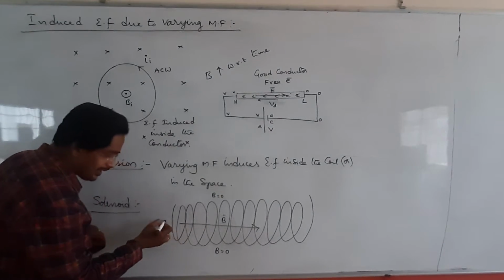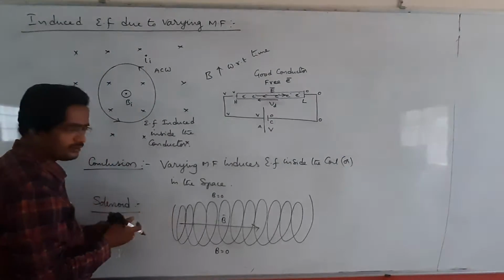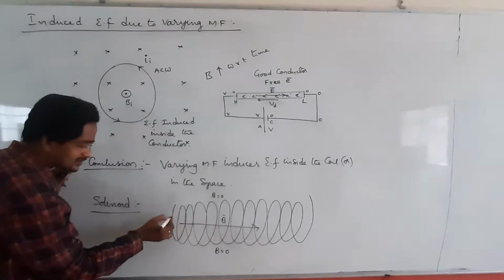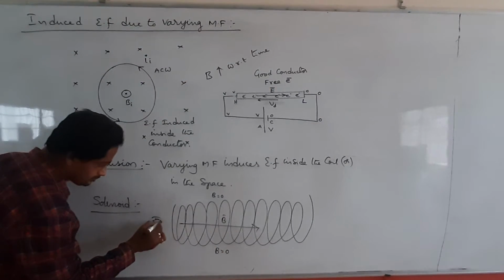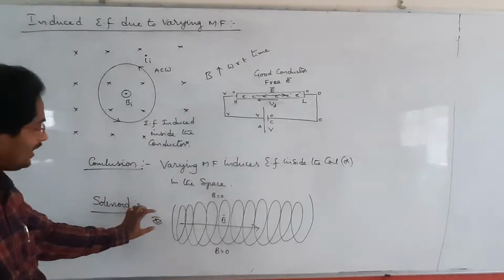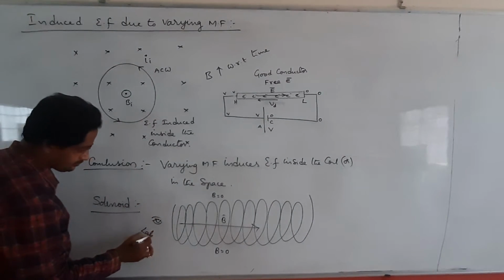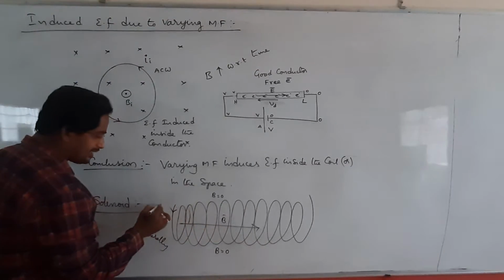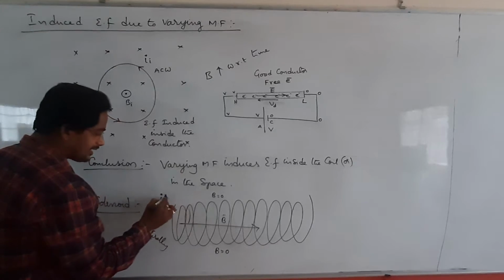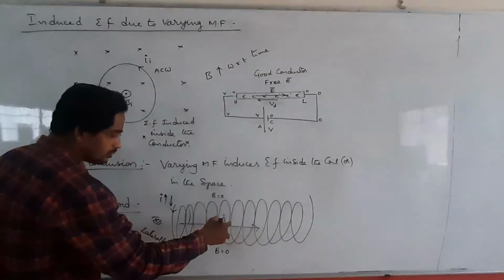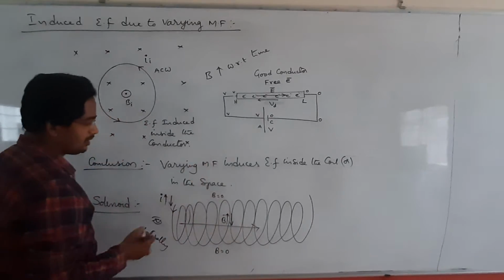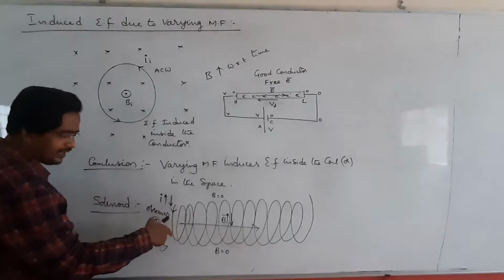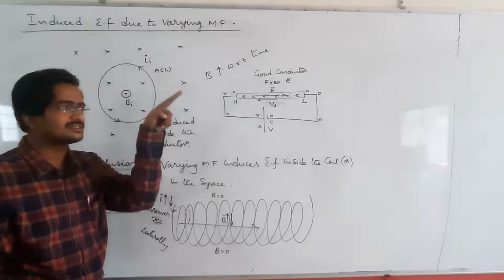Whenever you see it from this side, laterally, if the current flowing through the solenoid is varying, either increasing or decreasing, what happens to the B value? It is also varying. Then laterally, for this observer, the field appears as a circular region.